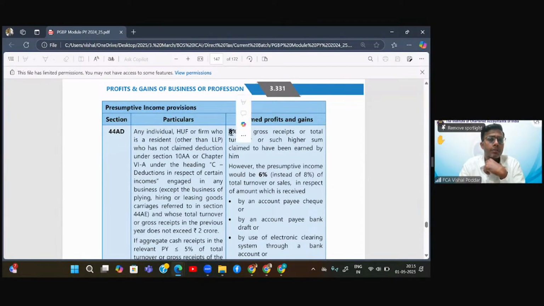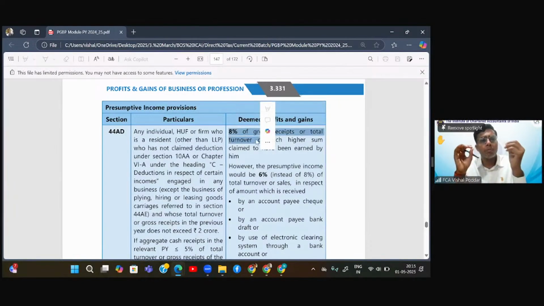It is 8% of the total receipts or turnover of your business. Simple. No need of depreciation block. No need of preliminary expenses working. No need of checking allowed, disallowed, whether you have satisfied the condition of TDS, whether you have satisfied the condition of payment above 10,000. No need to check anything. For small business, they have made a simplified method of computing income called the presumptive income.